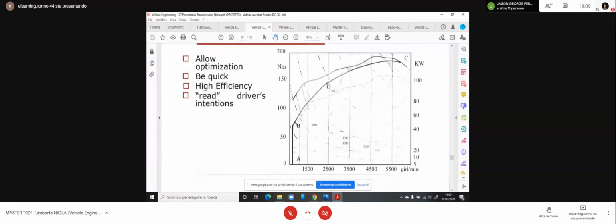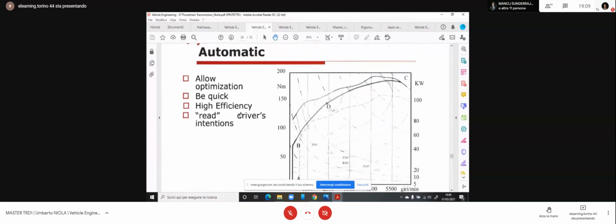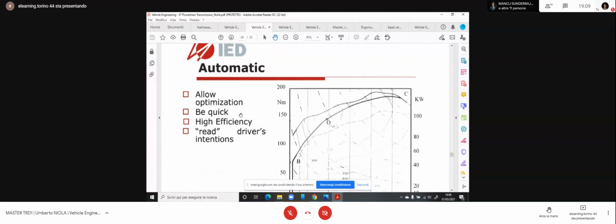And finally, we can also spend some words about the automatic transmission. Automatic transmissions are responsible for the great diffusion of automobiles, especially in the USA. They solve the problem of the driver's ability to change gears, and also save from mechanical hazards and breakage from wrong maneuvers and mistakes.